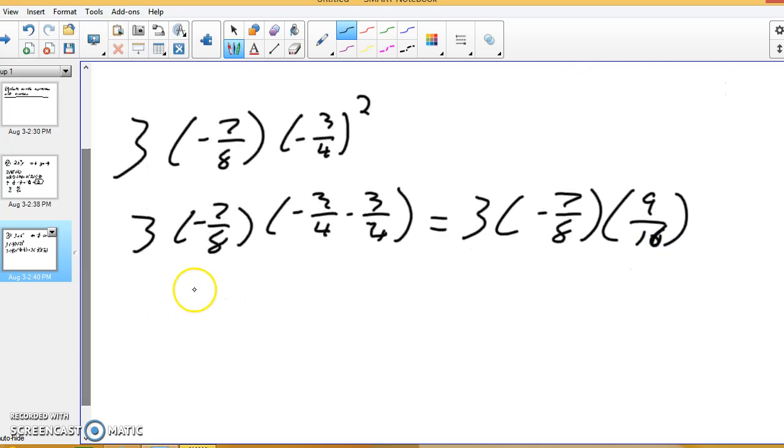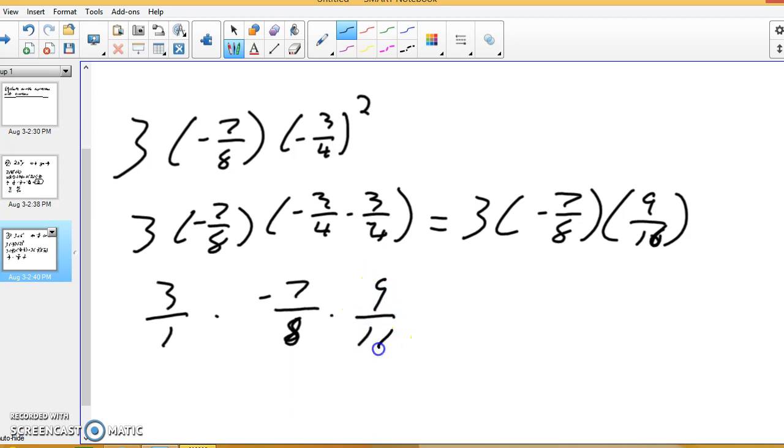Now we're just going to multiply straight across, so 3/1 multiplied by a negative 7/8 multiplied by 9/16. When we do this, you could use a calculator if you feel like you need it. If you can do this math in your head, great for you.